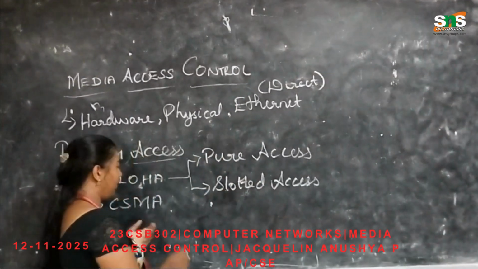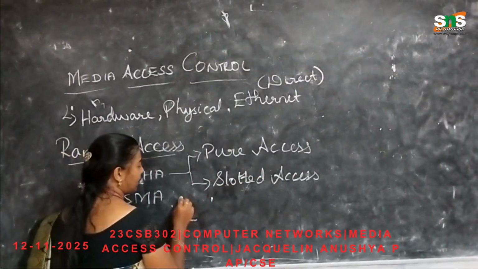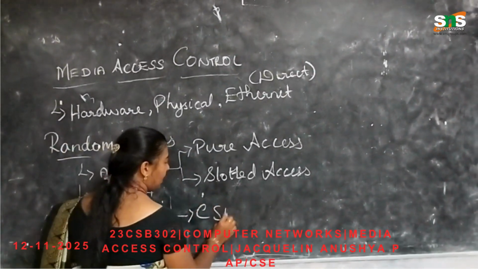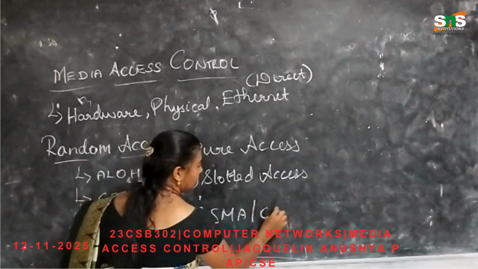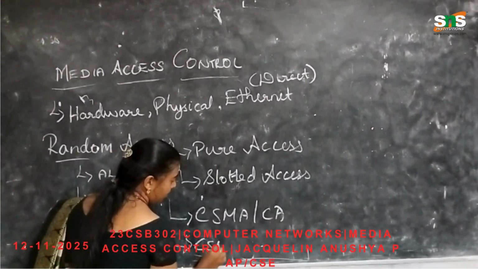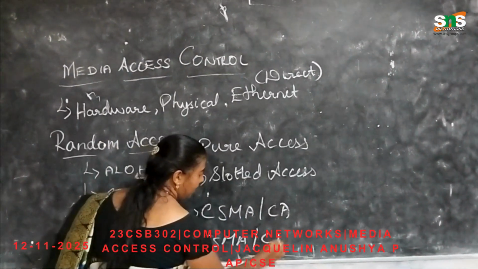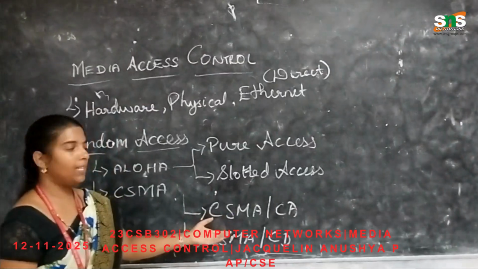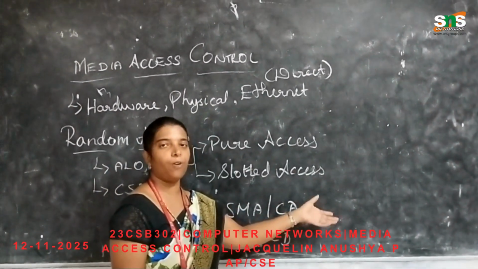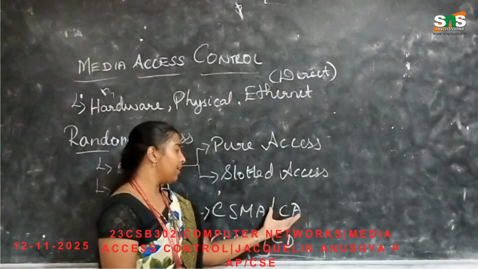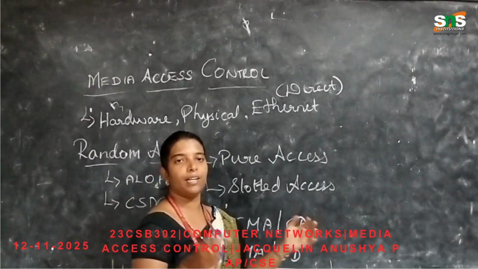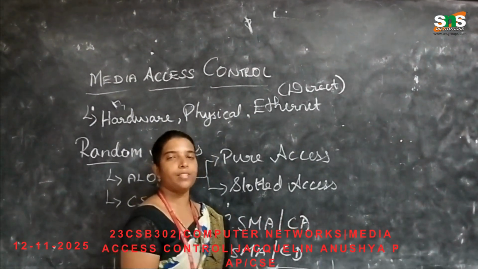In this also you have two types: CSMA/CA and CSMA/CD. CSMA/CA is collision avoidance, where the message is sent from one end to another end. Next is collision detection, which signals the data beforehand itself.